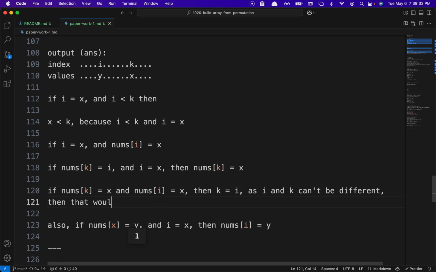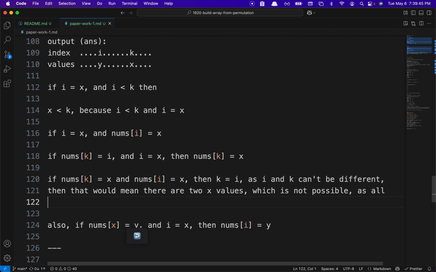Then that would mean there are two x values, which is not possible, as all values in nums are distinct. So i is equal to x.